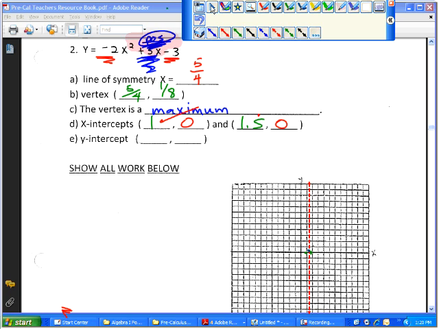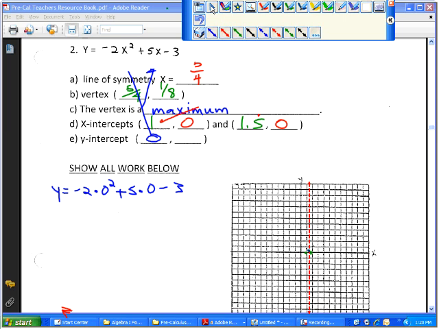Anyway, to find the y-intercept, we're going to let x equal 0. So we would plug that in the x positions up there. So we're going to have y equal negative 2 times, we're going to let x be 0, squared, plus 5 times, we're going to let x be 0, minus 3.